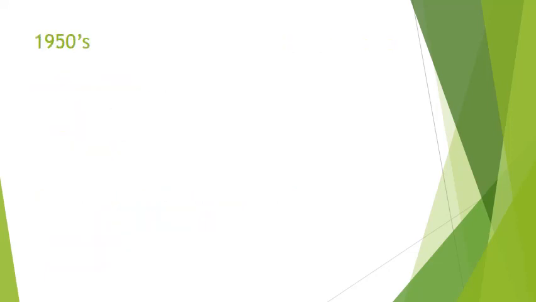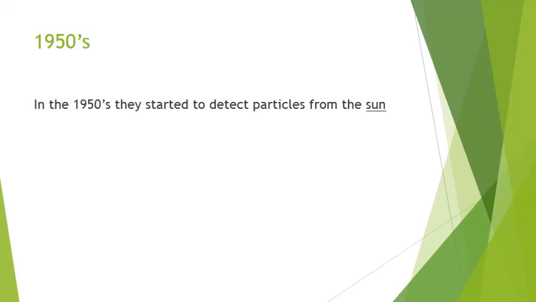Now, in the 1950s, they started to detect particles from the sun, and at that point, they also started to smash particles together, and all of a sudden, we don't just have protons, neutrons, and electrons anymore, and these basic particles of radiation, but we're detecting all these other particles.